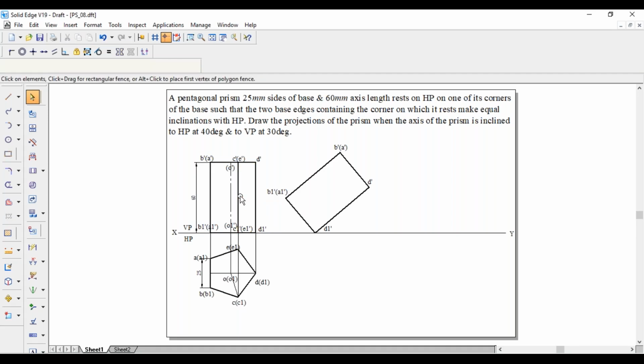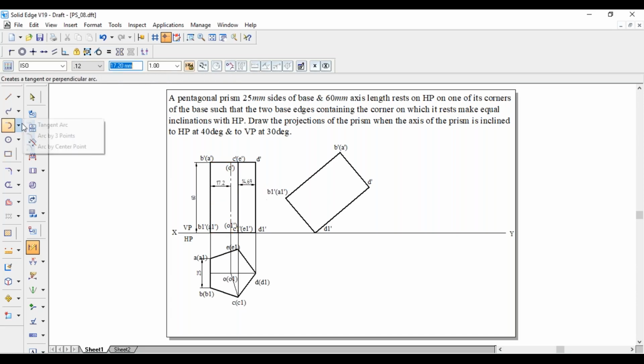Now we have to get the c dash c1 dash line and also the axis line. To get these, the dimensions are from d dash to c dash, it is 14.629, and similarly b dash to axis, it is 17.2. Now d dash as center, 14.69 mm as radius, draw an arc.